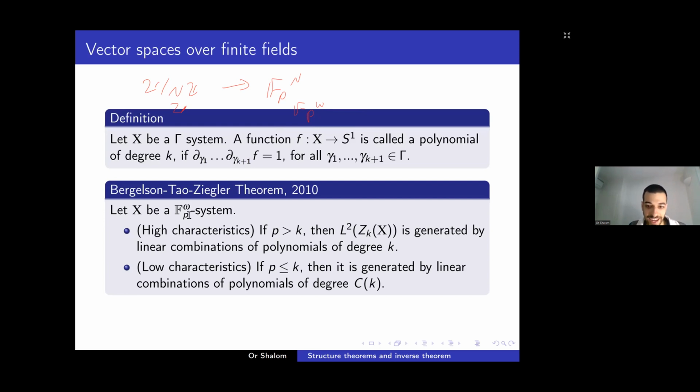In this case, you can again define the Gowers norms. And here they found some interesting results. So instead of giving it the structure of inverse limit of nil systems, they gave a different structure. They actually have two structures. One is very good, but it assumes something called high characteristic. So the prime must be greater than the uniformity. And so this is only finitely many cases.